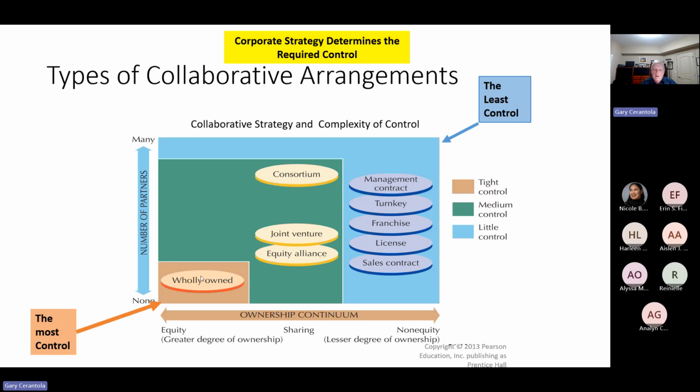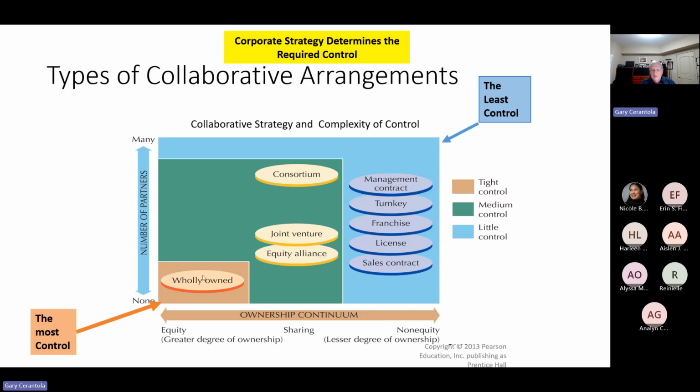You may not have a way of attracting alliance partners to be able to create a stronger value proposition, right? On the other hand, if you don't want to invest, you'll probably have a lot of partners, and then you'll have the least control because your investment in the entity is so small. So that's what we're looking for.